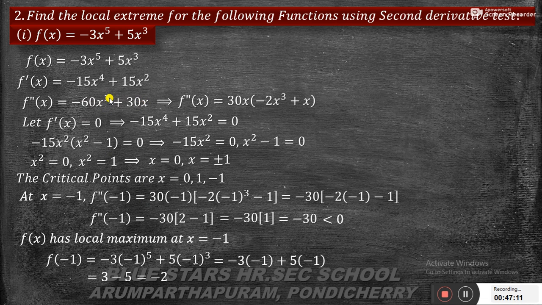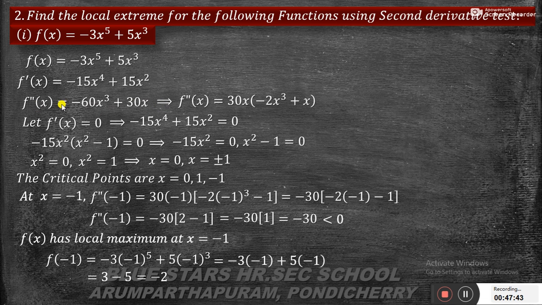Minus 1 whole cube is minus, and with the minus already there, it becomes plus 60. Then 30 into minus 1 is minus 30. So 60 minus 30 is 30. So f double dash of minus 1 equal to 30, which is positive, greater than 0. Therefore it is a local minimum.